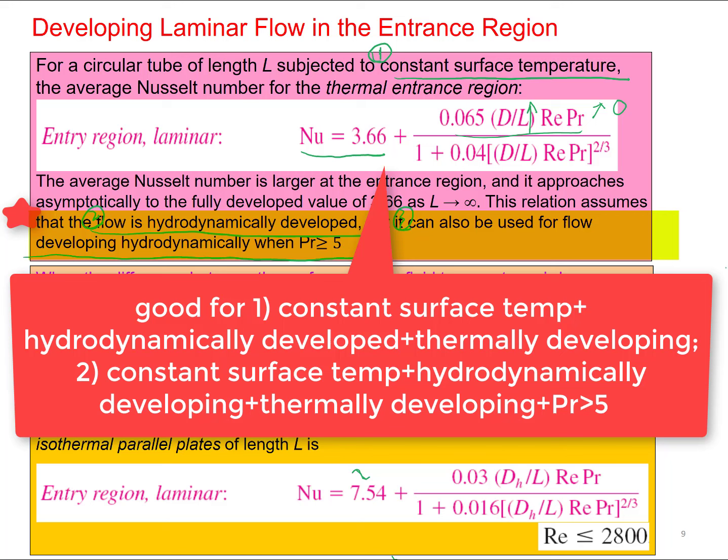Remember, Prandtl number is the ratio of momentum diffusion to thermal diffusion. For fluids with larger Prandtl number, thermal diffusion is not as significant as momentum diffusion. So it is closer to the case of hydrodynamically developed but thermally developing.